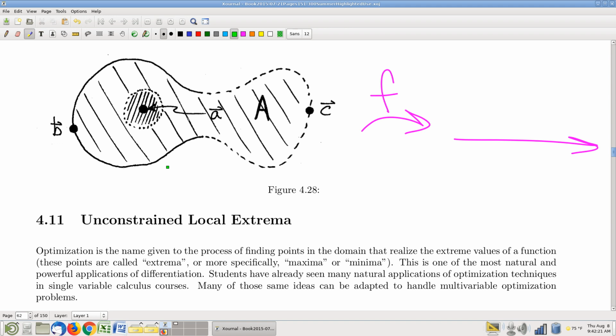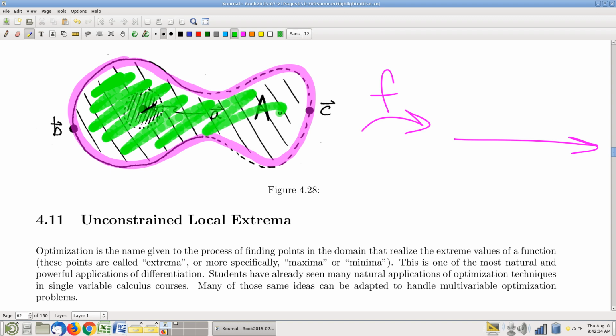We can talk about the boundary of the domain, and we can talk about the interior of the domain. So that's kind of just like it was in Calc 1. In Calc 1, the boundary was just the endpoints, right? And the interior was kind of the rest of the interval.